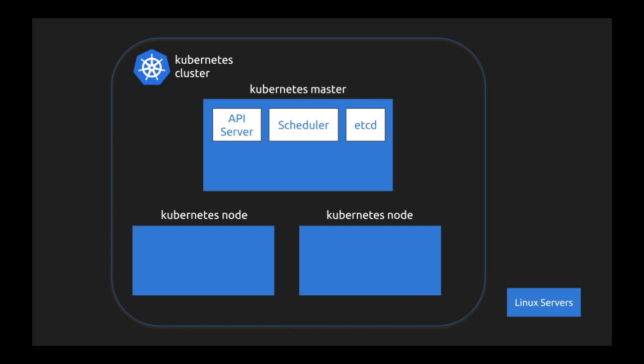The next component is the etcd. etcd is a key value store which is completely distributed because Kubernetes is a distributed platform. Kubernetes uses etcd as a key value store, and it is present either inside the master or it can be taken outside the master. You can have a standalone instance configured or you can have it inside master, and this is the storage space for the Kubernetes cluster.